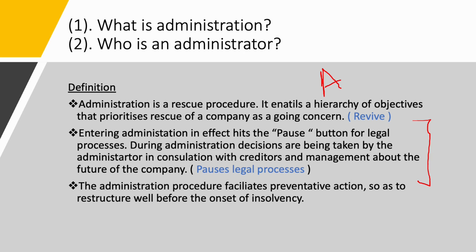And remember, under liquidation, the company will exist no more. While when we take the approach of administration, a company can be revived. It can get a fresh beginning after, of course, reorganizing its internal financial problems and finding lasting solutions.